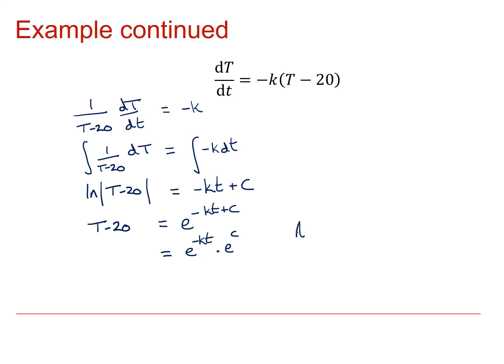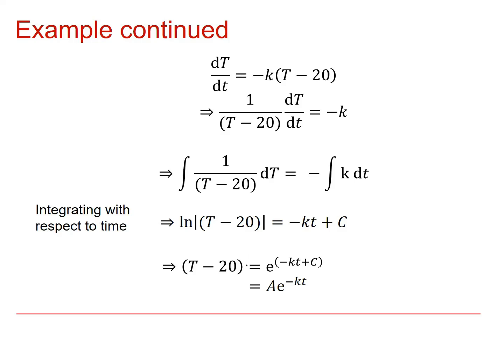So if I think of A as being e to the power C, then my equation becomes T minus 20 is equal to A e to the minus kt. And you'll see that technique used quite a lot for this type of differential equation.